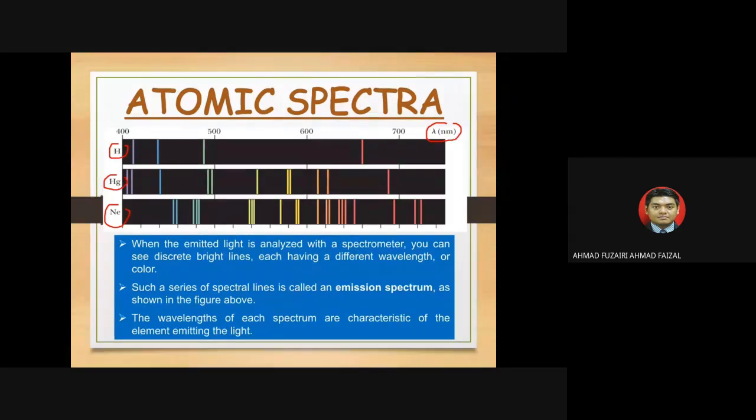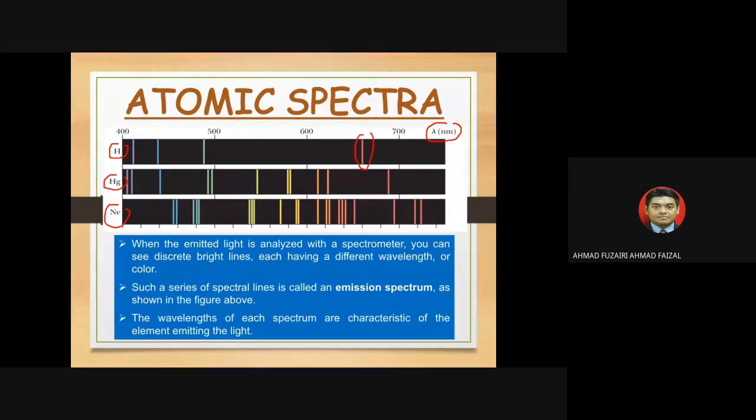It is performed when the emitted light is analyzed using a spectrometer. As a result, we can see the discrete bright lines. Each bright line's color will give a different value of wavelength. For example, in the hydrogen atom, we have the red color.